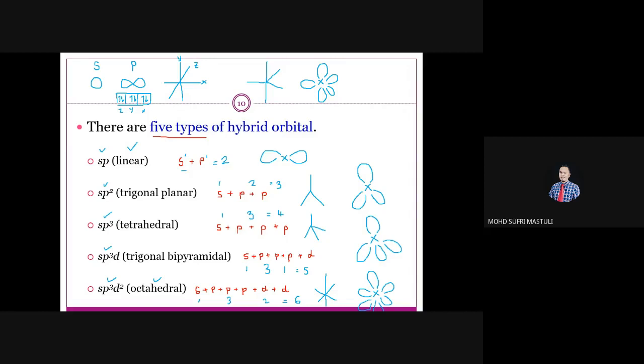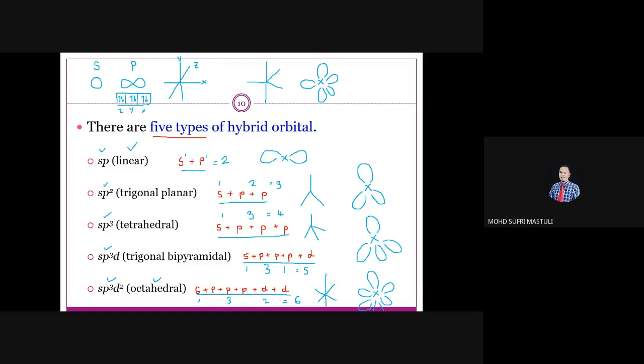It is s plus p, s with 2p, s with 3p, s with 3p and 1d, and s with 3p and 2d. So the last important point is you have to remember the shape.